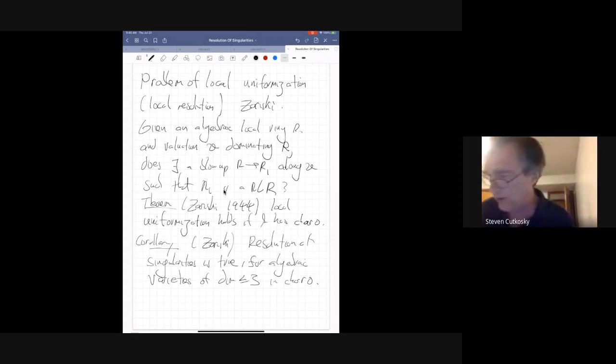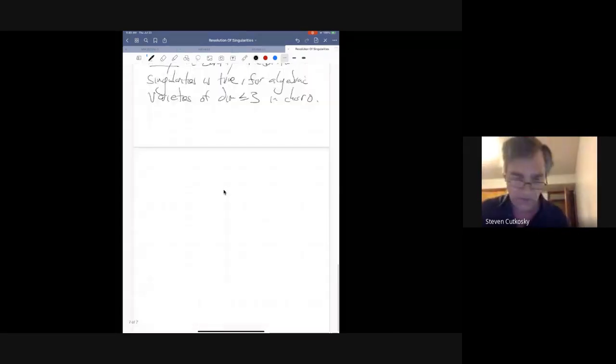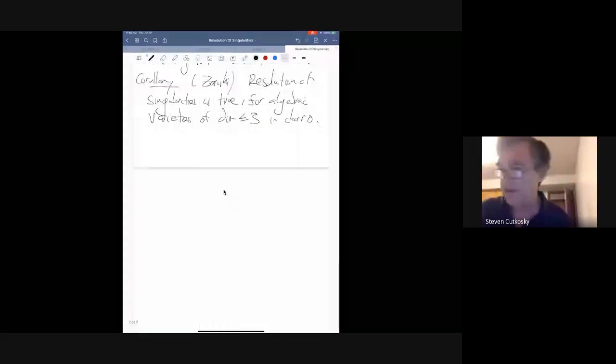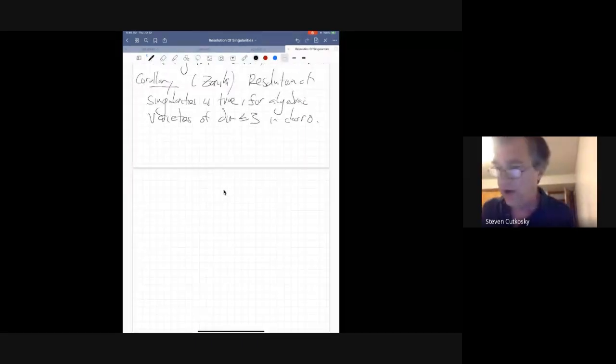In fact, Abhyankar did this as part of his proof of resolution in characteristic p in dimension 3. But the method doesn't extend, or at least no one's been able to figure out how to do it. It certainly doesn't easily extend to higher dimensions.